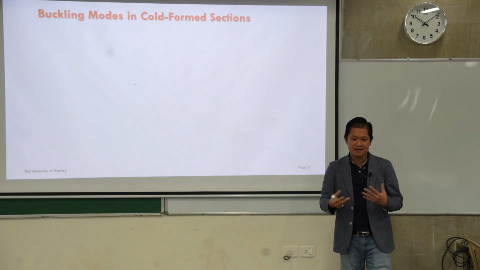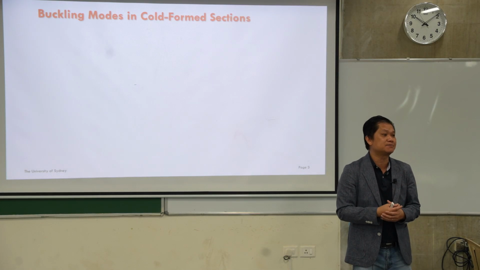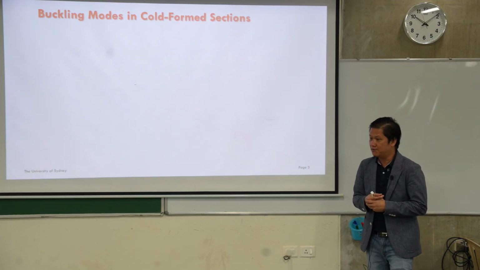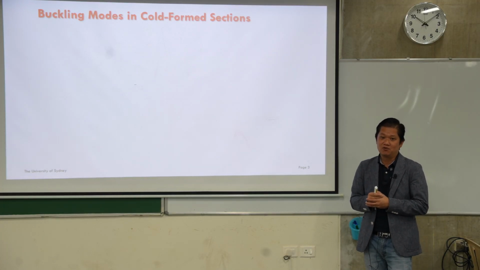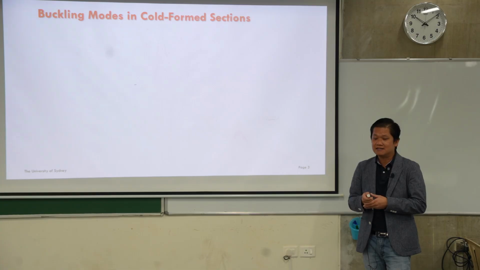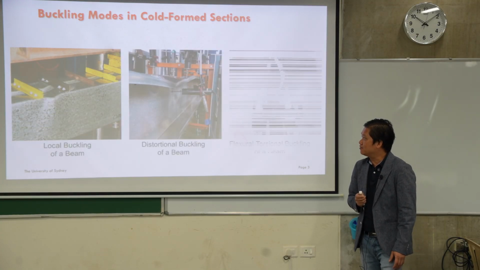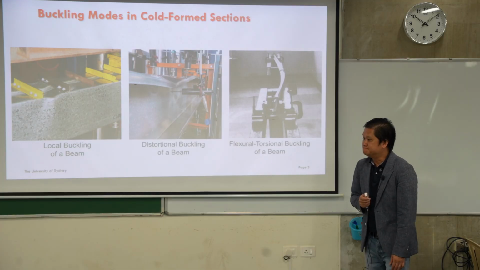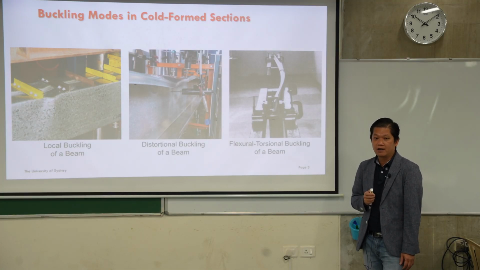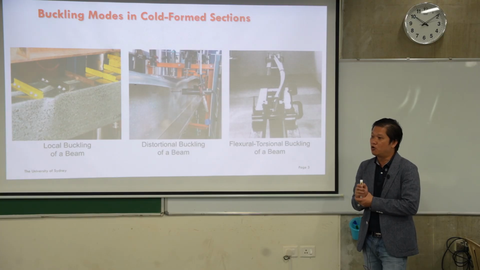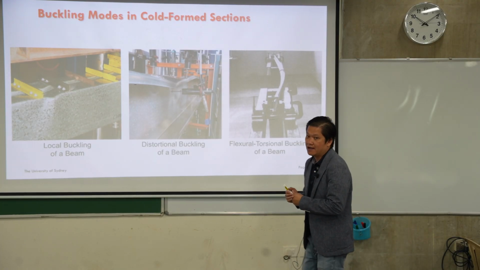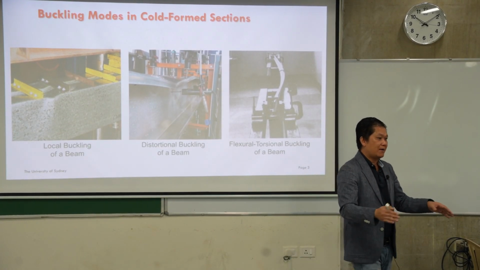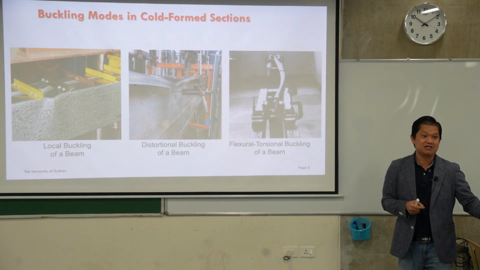So what I'm talking about with behavior is we understand how it buckles, how it fails, and the failure mode is important. So in DSM, we start from those failure modes that really happen or occur in steel structures, particularly with cold formed steel, where you have common open sections.